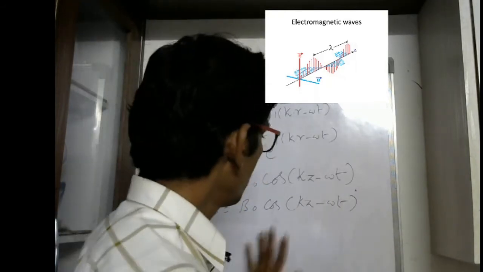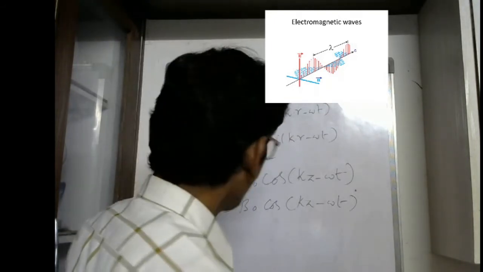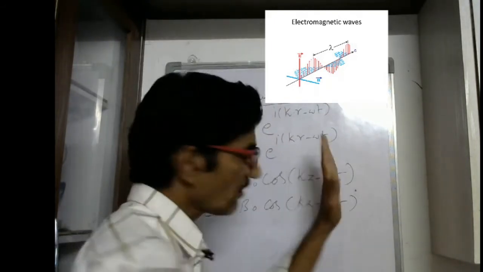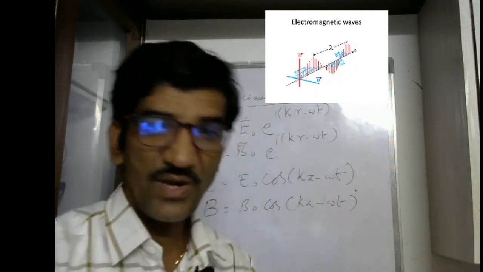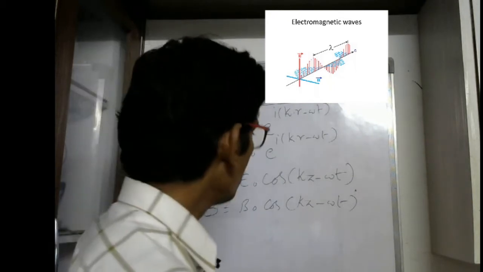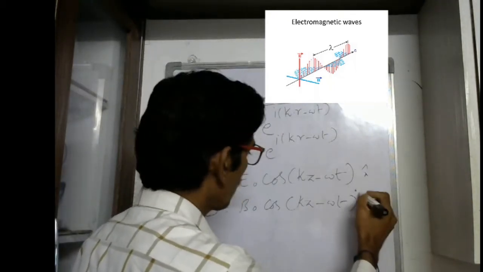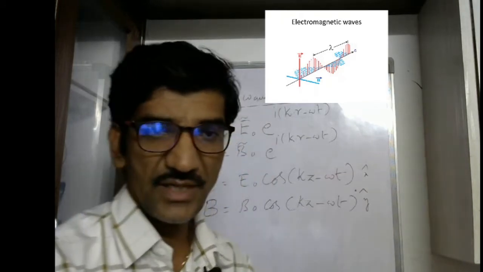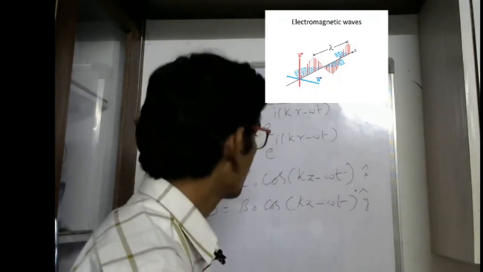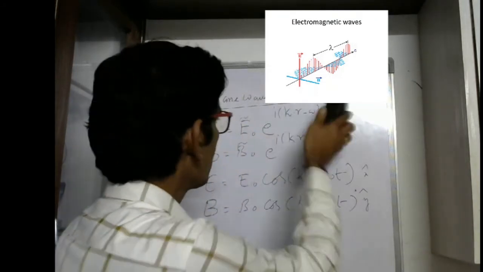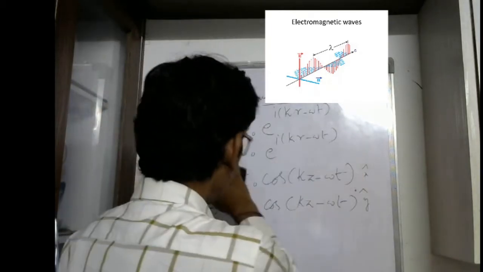Actually here, if E is along the x-axis, then B will be along the y-axis, which we will see now. For now, let us consider these two general solutions.